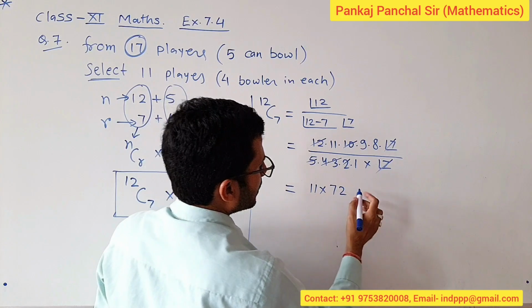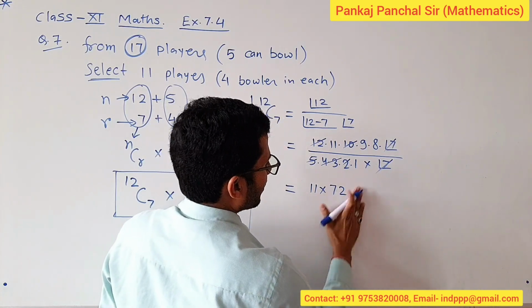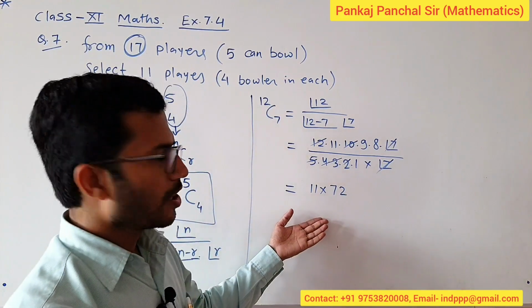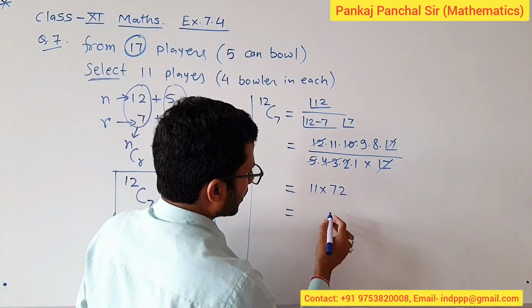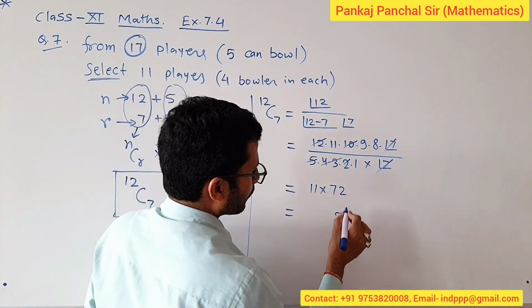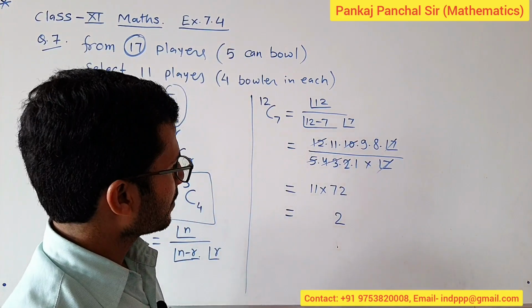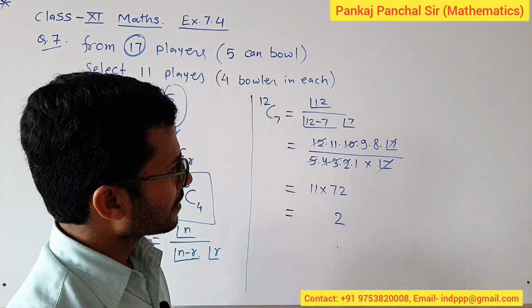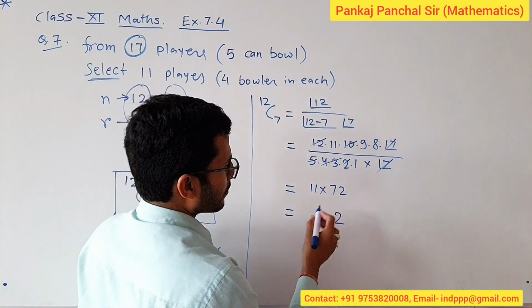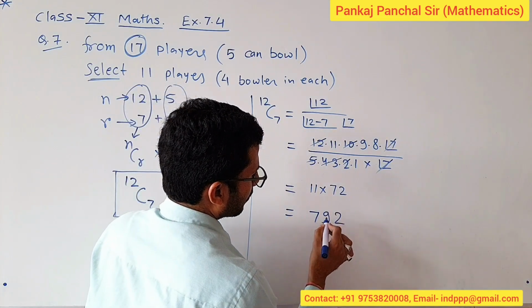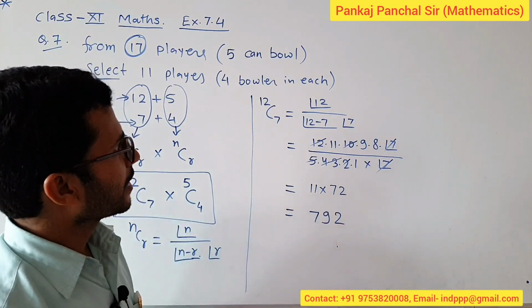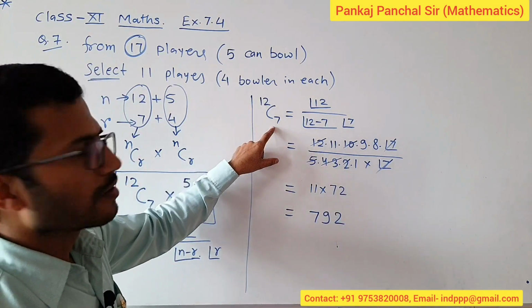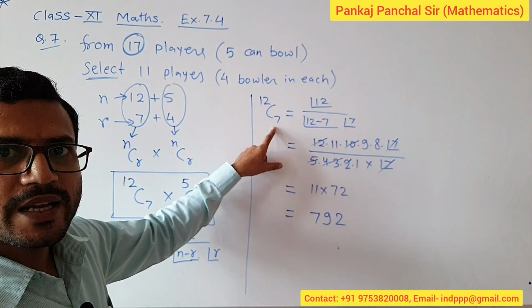Now 72 into 11: 72 into 1 is 72, and then 72 into 1 again is 72, plus 7, 79. So that is 792, the number of ways of selecting 7 from 12.